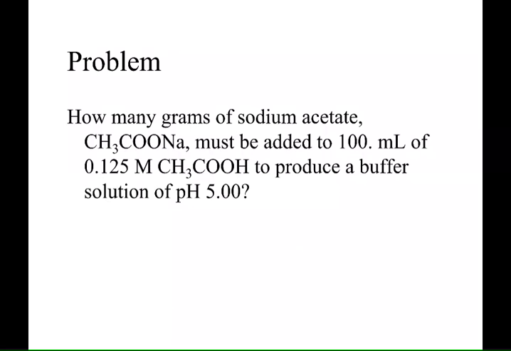By the way, our acid is CH3COOH, so we're going to get that from the table. So here we have the number of moles of acid, CH3COOH, and the number of moles of base. That's your CH3COO minus. So this comes from your sodium acetate.